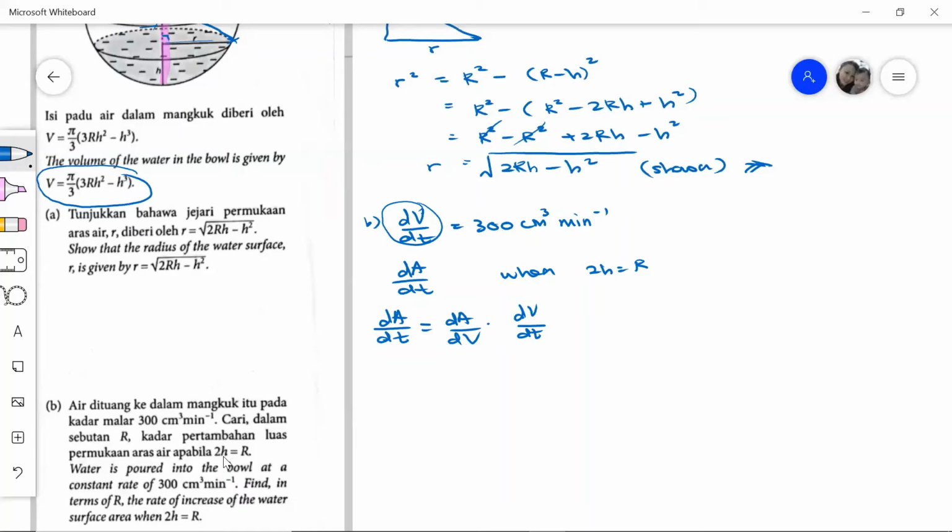Now, the question is, how do I relate A with the V? We are given that V is equivalent to this. So I think we can write A in terms of either h or r. So in this case, I think we differentiate in terms of h.